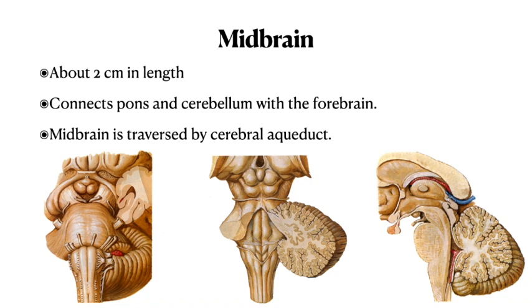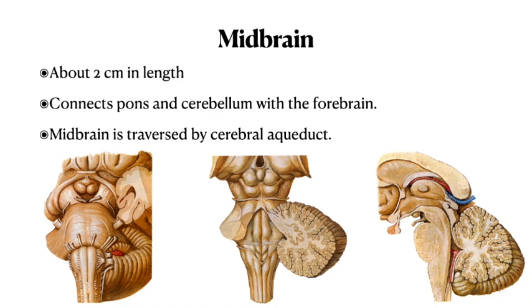On the middle picture, you can see on the right side, the cerebellum is still attached to the brainstem. On the left side, the cerebellum has been cut. This is to show how the midbrain connects the cerebellum with the forebrain.